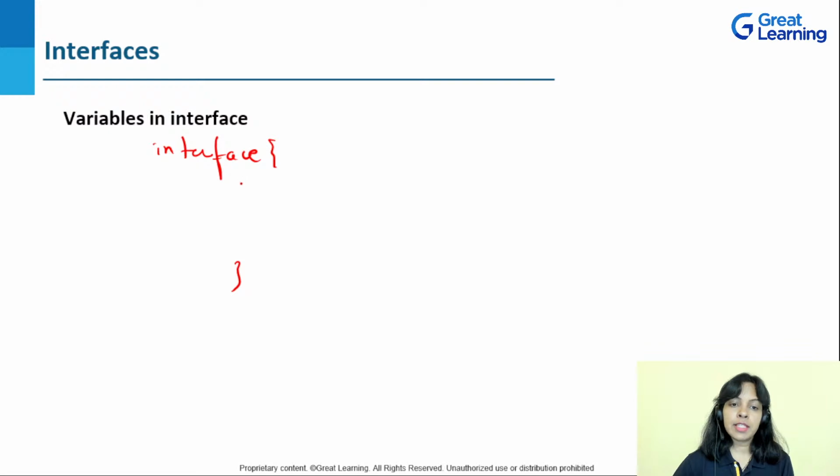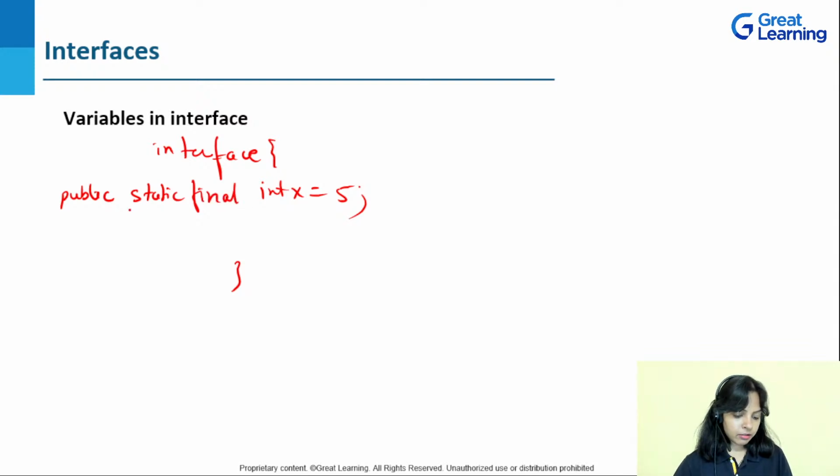Methods we saw, variables can be there in an interface, meaning I can write int x = 5. Even though I write any access modifier here or don't, by default, these are public, static, final. Okay. So public, static, and final.